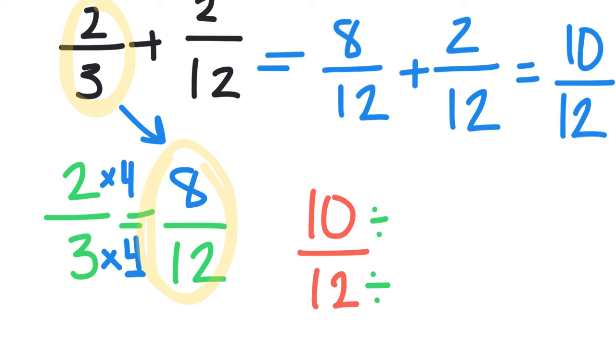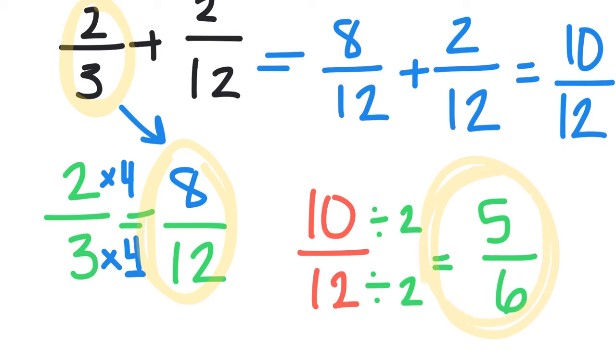Both 10 and 12 can be divided by 2. 10 divided by 2 is 5, and 12 divided by 2 is 6. Can I divide any further? No. So that's my final answer. 2/3 plus 2/12 is equal to 5/6. That's it. Now let's try a subtraction.